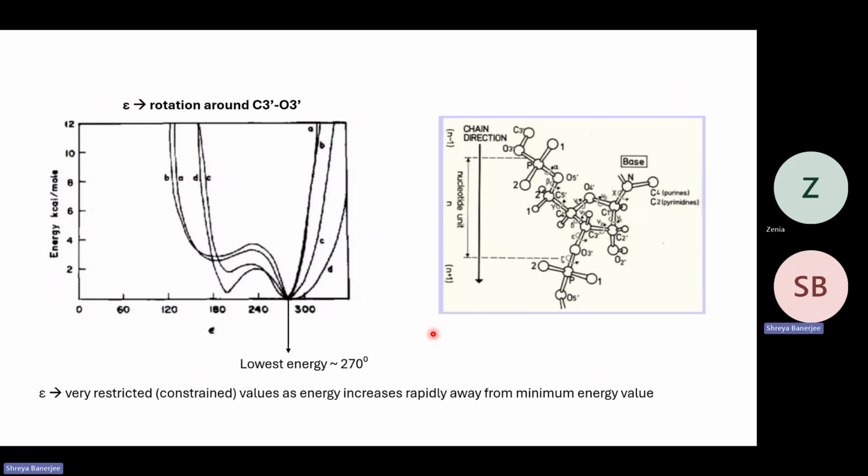This rotation is actually very much restricted to values around 270 degrees. Away from this, the energy increases very sharply. So this is a very restricted torsion of the DNA, and it generally prefers values around 270 degrees, which have the lowest energy.